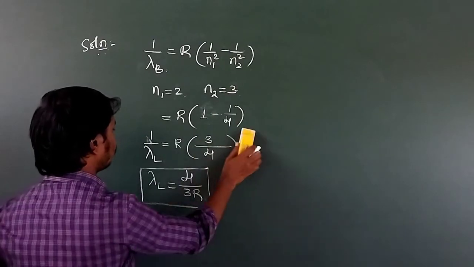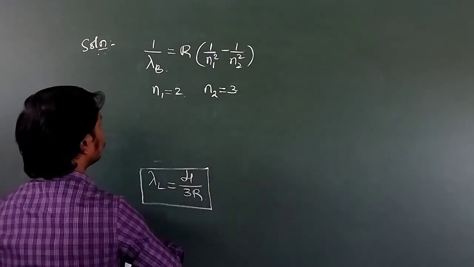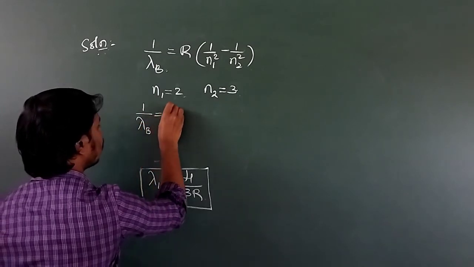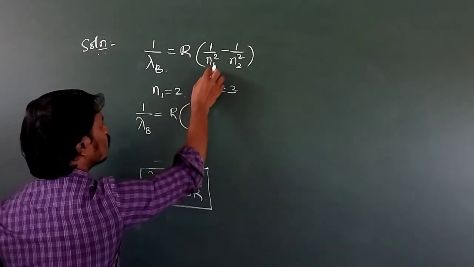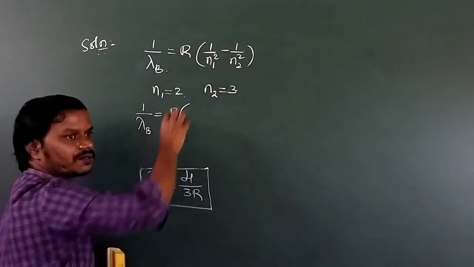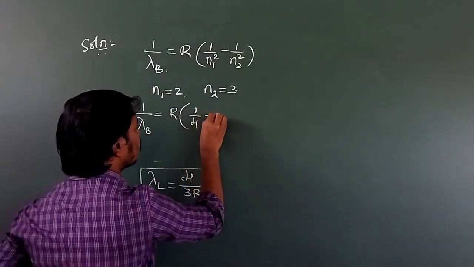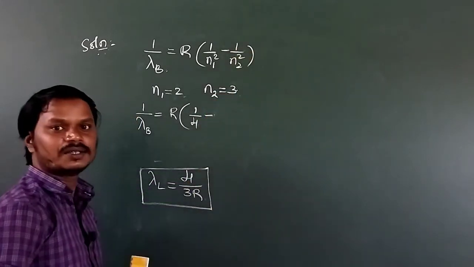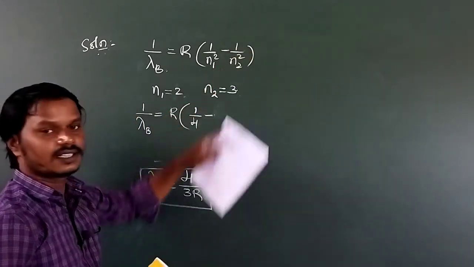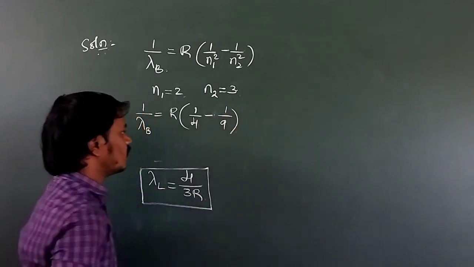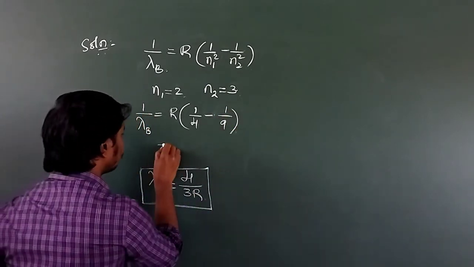Then now, 1 by lambda B is equal to R into, so 1 by N1 square means 1 by 2 square. 1 by 2 square is 1 by 4 minus 1 by N2 square. N2 square means here 3 square. 3 square is 9. It is 1 by 9. What is the LCM here? LCM is 36.